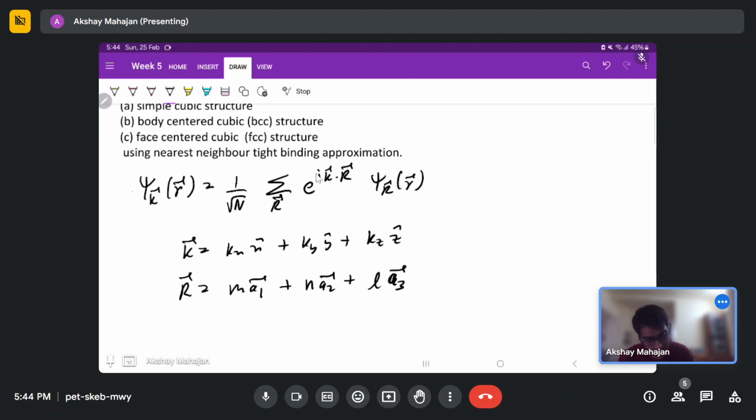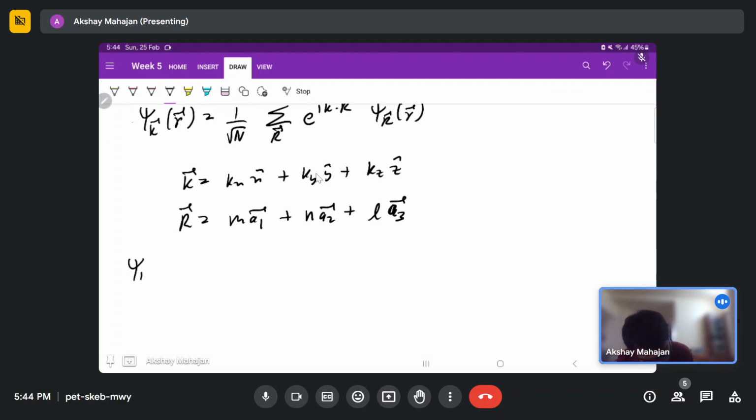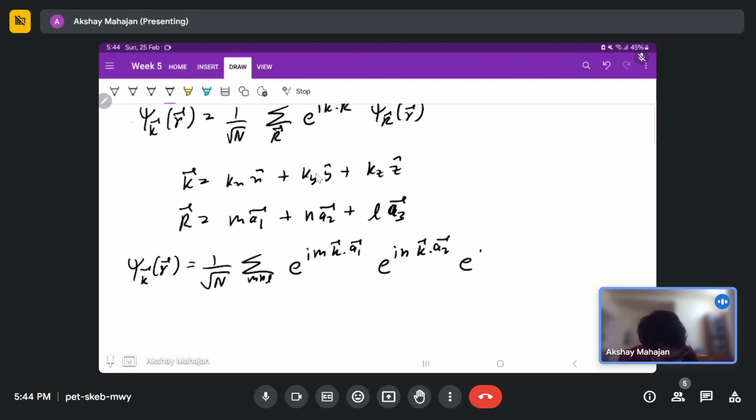From there I can write my wave function from the LCAO as 1 by root N, summation over m, n and l, of e to the power i m k vector dot e1 vector, e to the power i n k vector dot e2 vector, and e to the power i l k vector dot e3 vector.